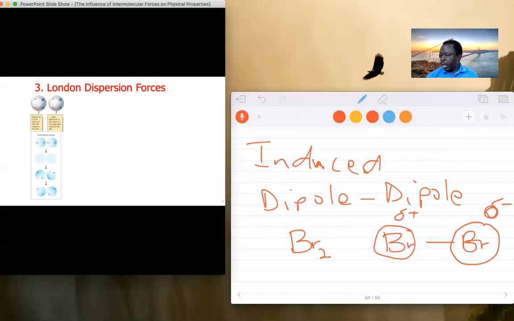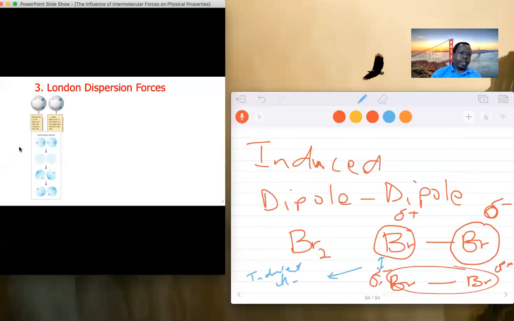And if I have another bromine molecule neighboring, being negative here and positive right here, this force of attraction is what we call induced dipole, which constitutes what we call London dispersion forces.